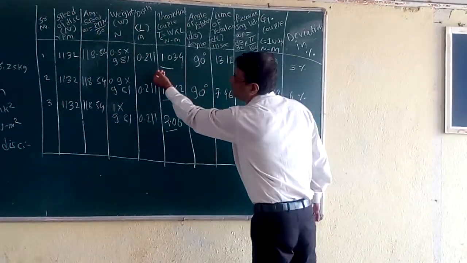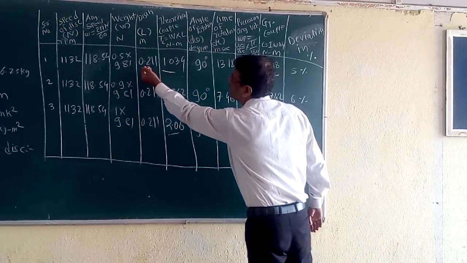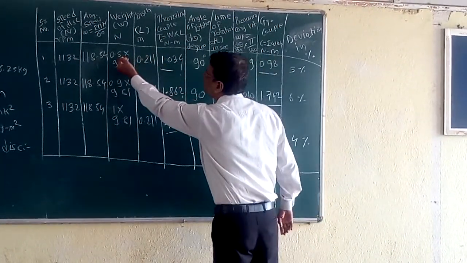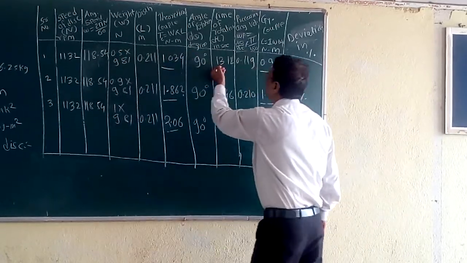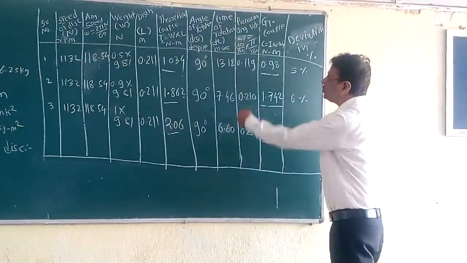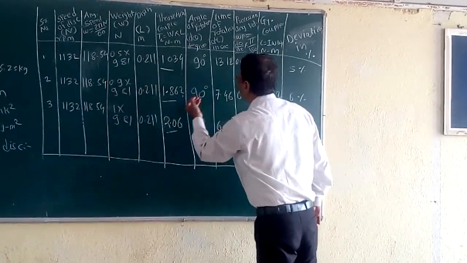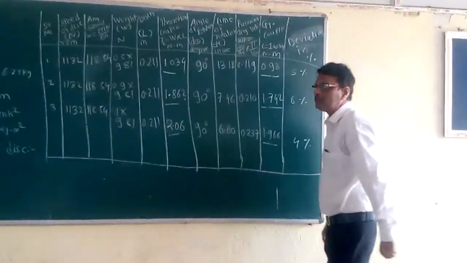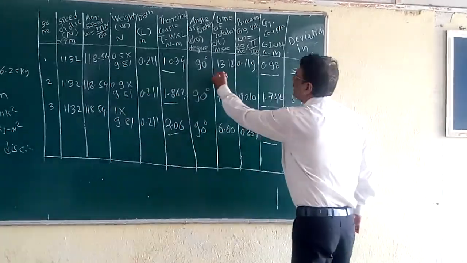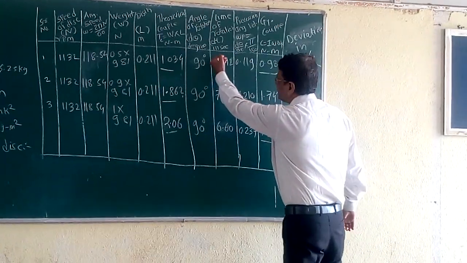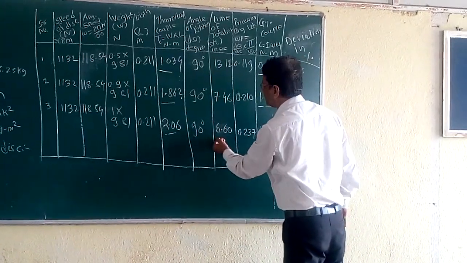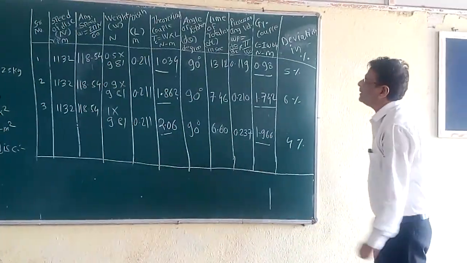So for first observation, with 0.5 kg, the time required is 13.12 second. For second, it is for 0.9 kg. The time required is 7.46 second. And for third observation, it is 6.60 second.